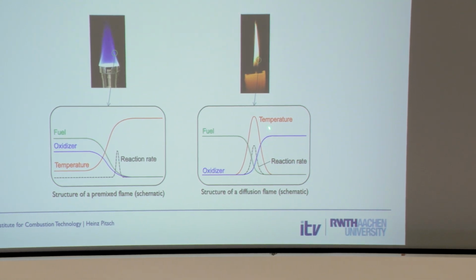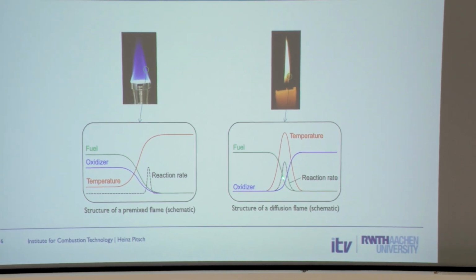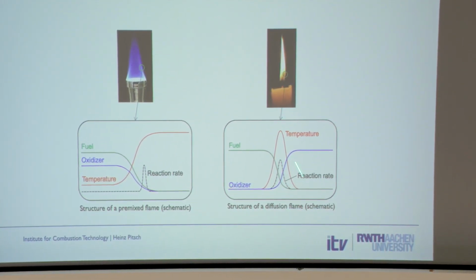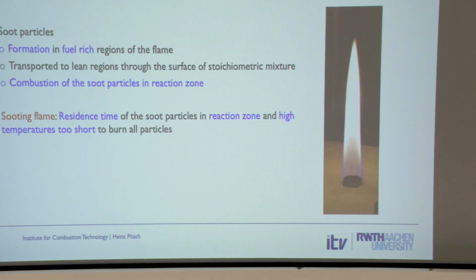You keep up this gradient, and the reactants diffuse into the reaction zone. Then you form a product here, and that product and also the temperature diffuse out into the unburned gases. That's why it's also called a diffusion flame. It depends on these diffusion processes.